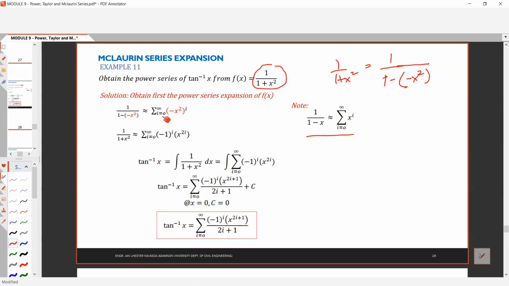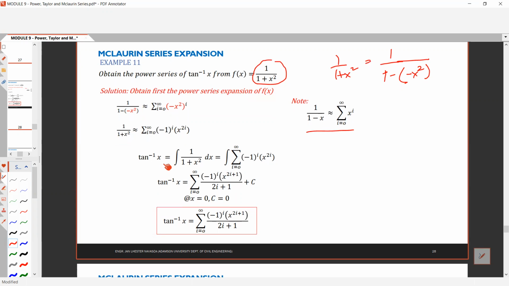So naging negative x squared raised to i, summation from i equals 0 to infinity. Okay? Then this one, simplified version, hiwalay mo lang yung negative 1 raised to i and x raised to 2i.